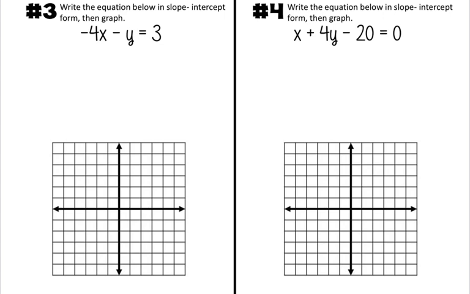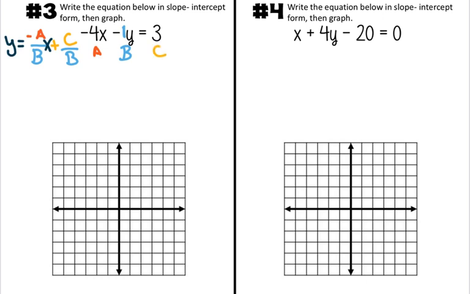Okay, this one I'm going to use the formula again. So remember, our formula is y equals negative a over b plus c over b. Okay, so negative 4 is a, my b is negative 1, and my c is 3.